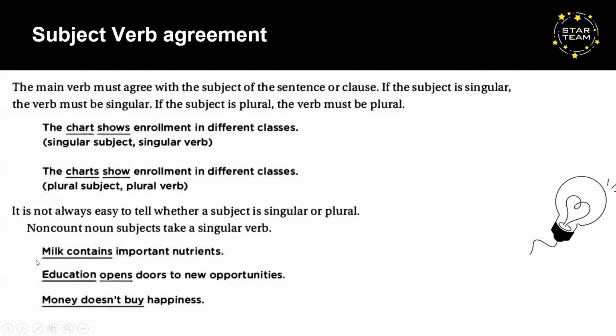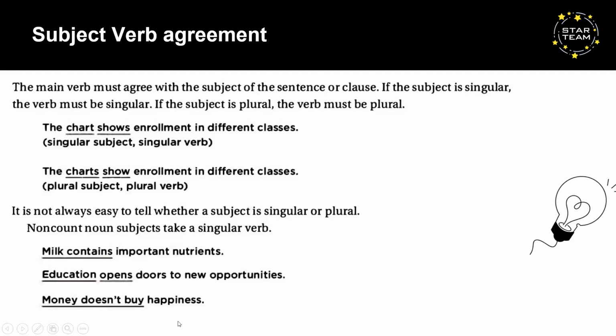It's not always easy to tell whether a subject is singular or plural. Non-count noun subjects take a singular verb. Milk contains important nutrients. I hope you know about non-count nouns like milk, rice, education. Education opens doors to new opportunities.